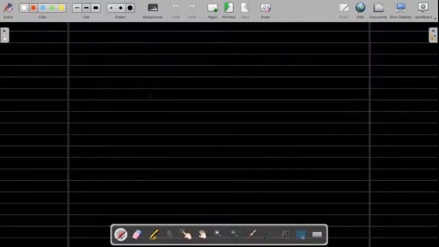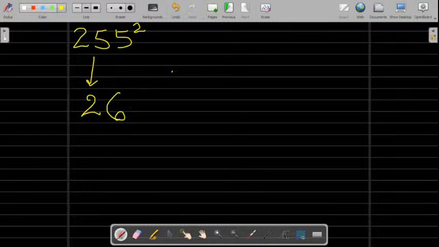So just what you do, you can just solve it. I'll write one number. 255 square. So don't worry about the last digit. You take the first two digits. 25 means the next number is 26.